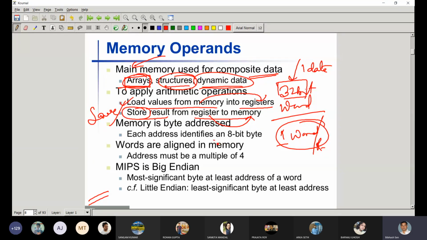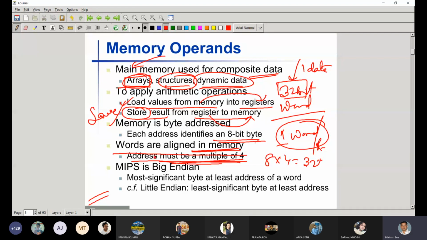Each address identifies an 8-bit byte. Words are in memory, so the address must be a multiple of 4, because 8 into 4 gives you a 32-bit word, and that will be the address for each of the locations.